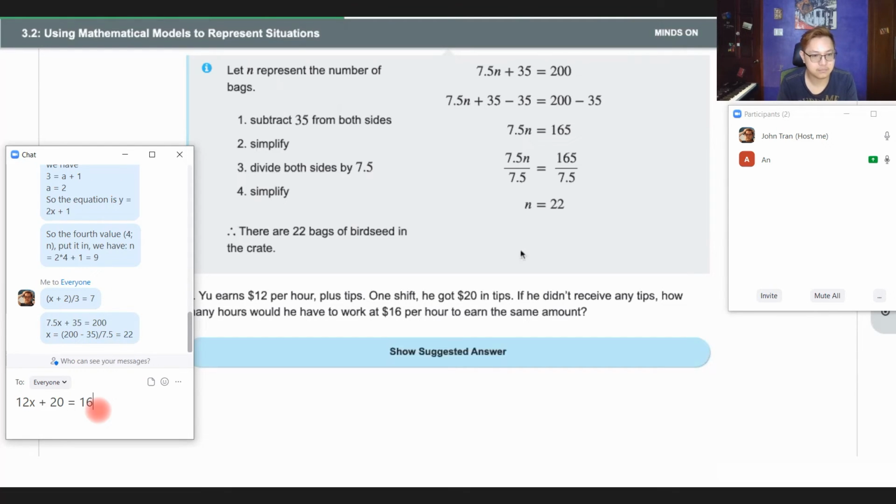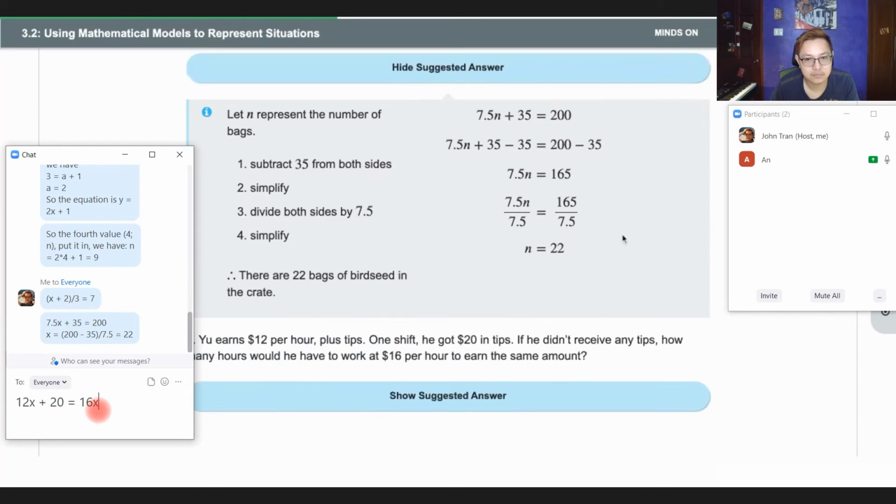And then you bring the 12 over to the 20, and then you minus it. No, wait. Something's wrong.